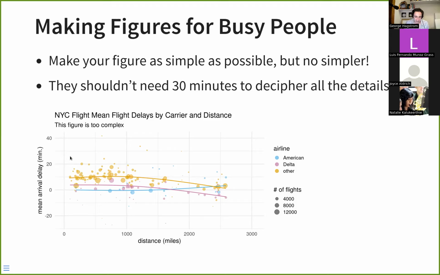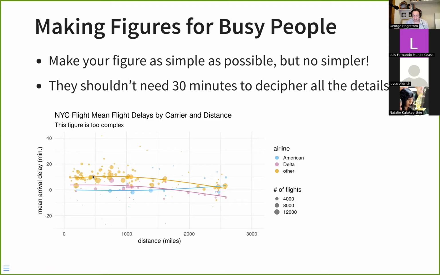As an example, this is a figure from Fundamentals of Data Visualization, and it's the New York City flights 13 data set. Here we're showing the mean arrival delay on the y-axis.